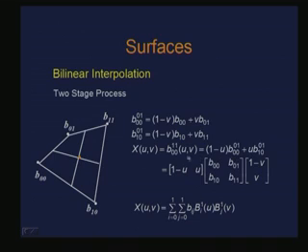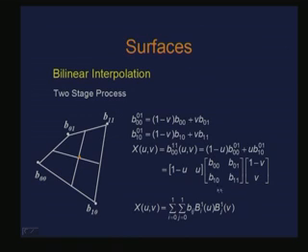And again I can write this in vectors and matrices, with 1 minus u and u, and the geometric information, which is nothing but the 4 corner points I have, and the other polynomials, in this case just linear functions 1 minus v and v.